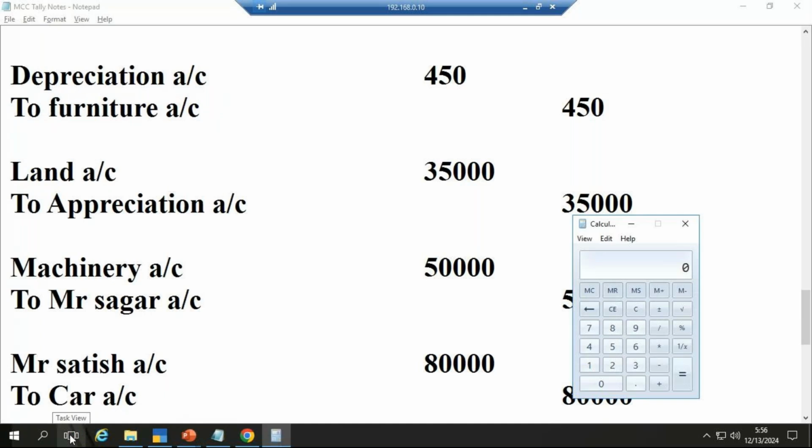So the value of that is 15,000. Multiply by 3%. So what is the value? 450. Okay. Same thing.